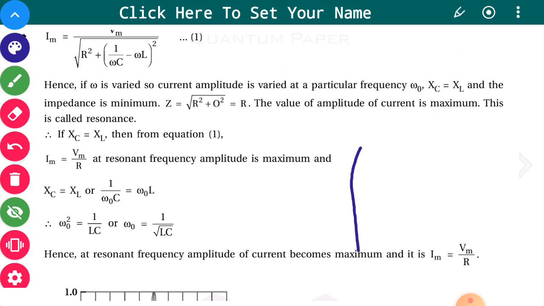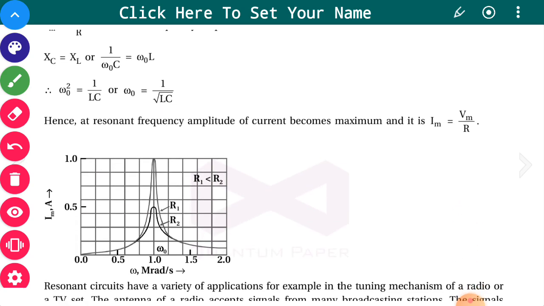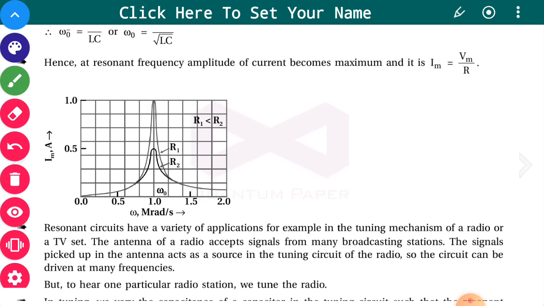Now whenever resonance occurs, the current in the circuit becomes maximum. You can see the value of omega upon omega 0 as such. The applied frequency is omega and the natural frequency is omega 0.